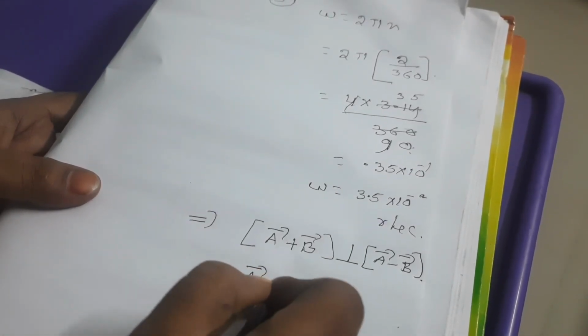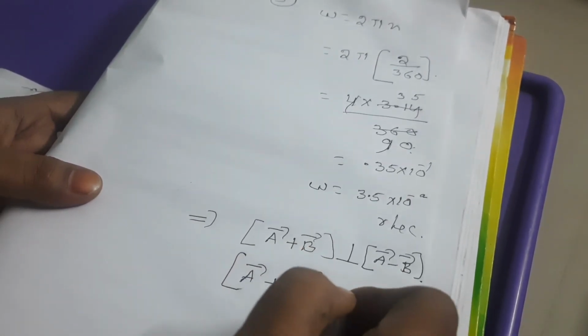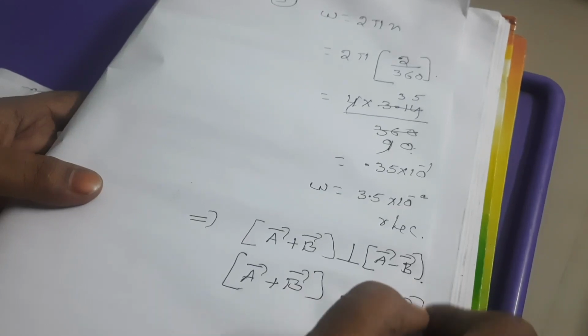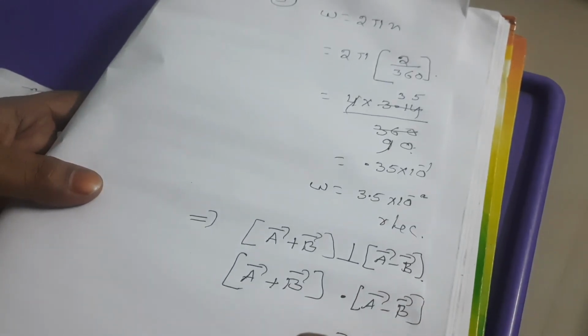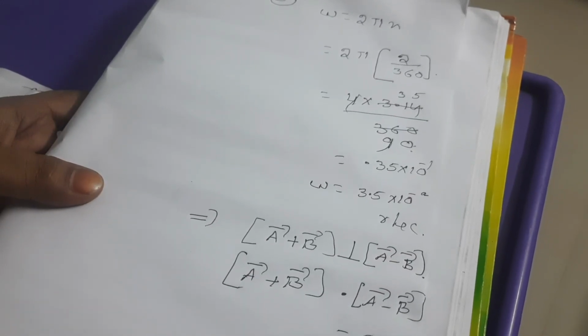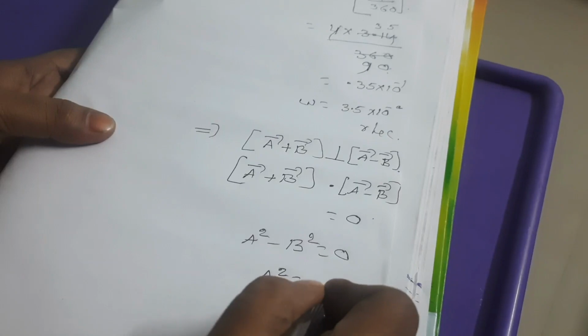So a bar plus b bar dot a bar minus b bar is equal to how much? 0. Now a bar dot a bar is how much? A square, minus b square equals 0. This is the magnitude. So finally you are getting a square equals b square.